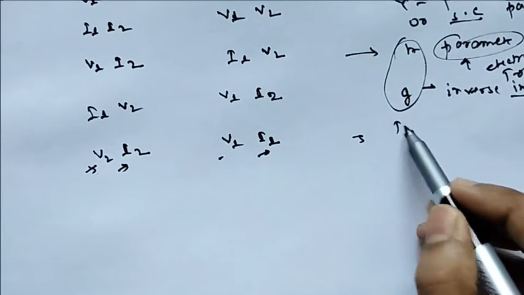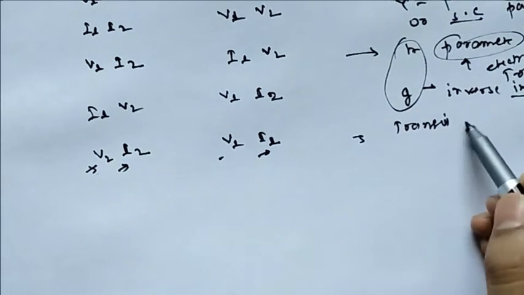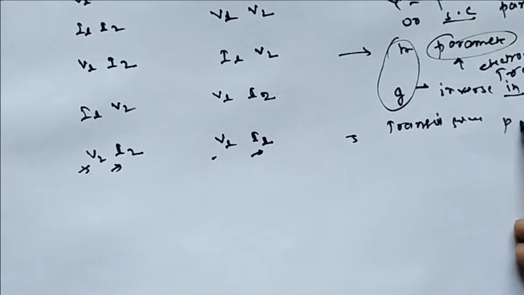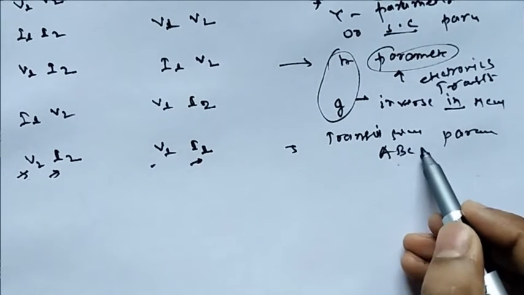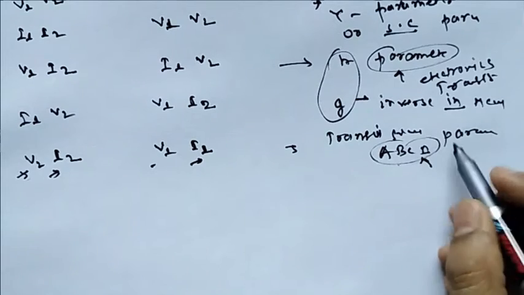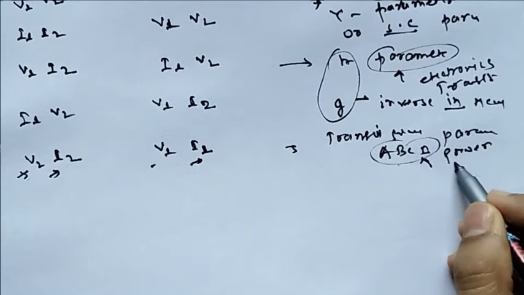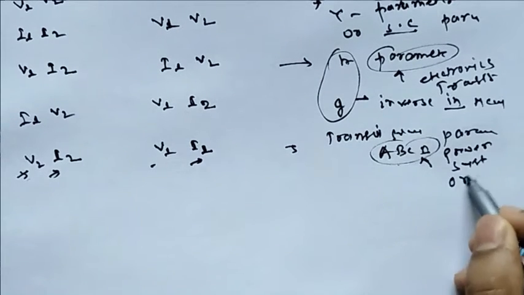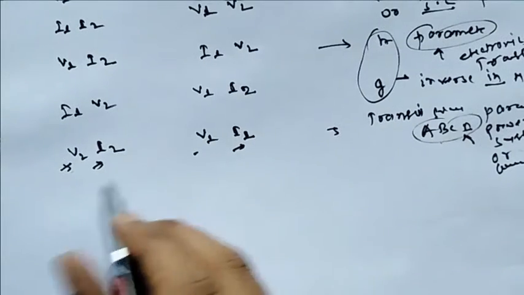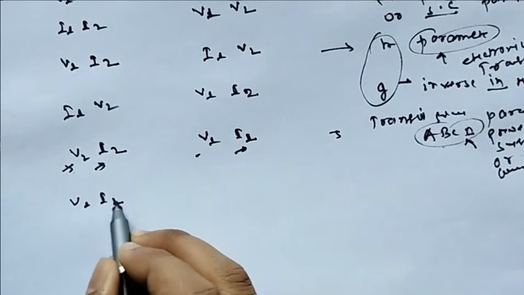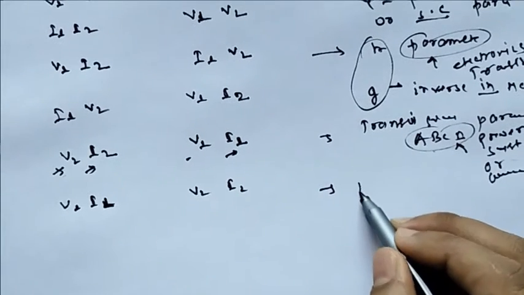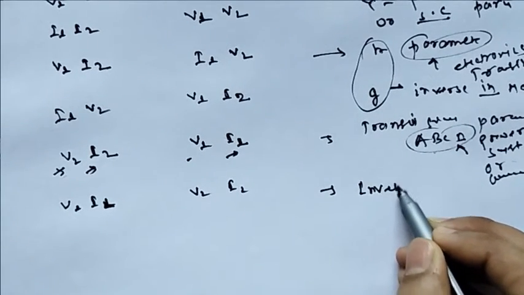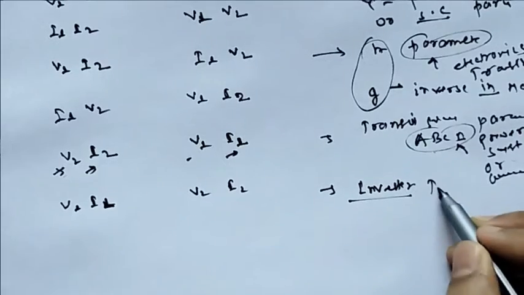That is called the transmission parameter or ABCD parameter. This is used in power systems or communication systems. And if I reverse V1, I1 and V2, I2, this will be termed the inverse transmission parameter.